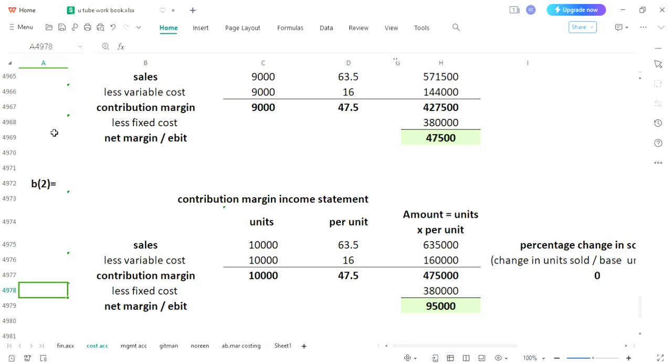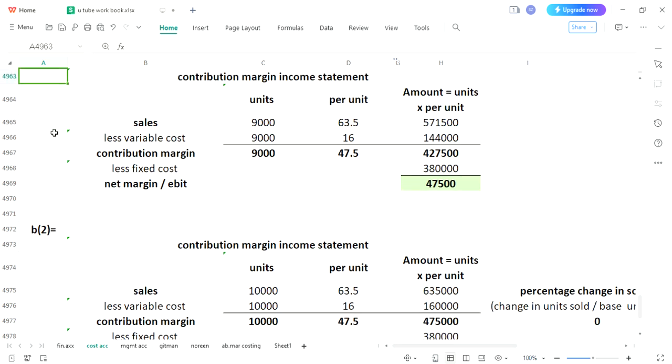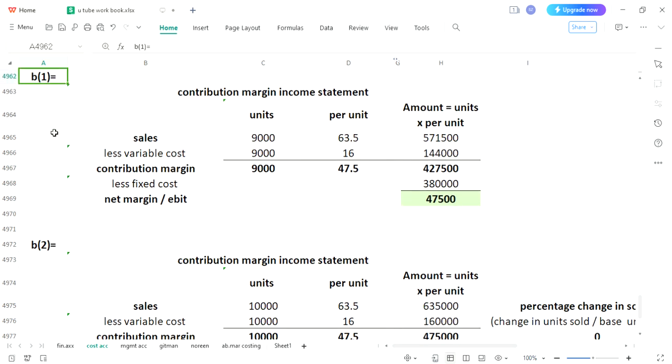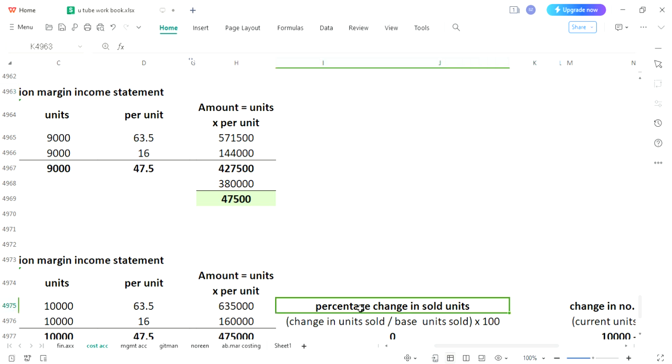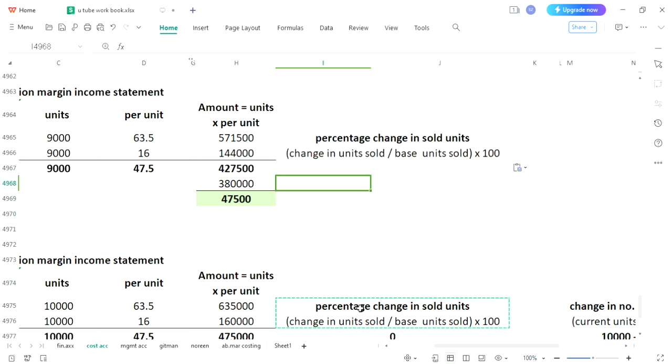Now we will calculate B1. Why have we calculated B2 first? Because it was asked in our question to make the base 10,000 units. Alright, over here we will be doing the same thing. Let's use these headings. And over here, percentage change in sold units.